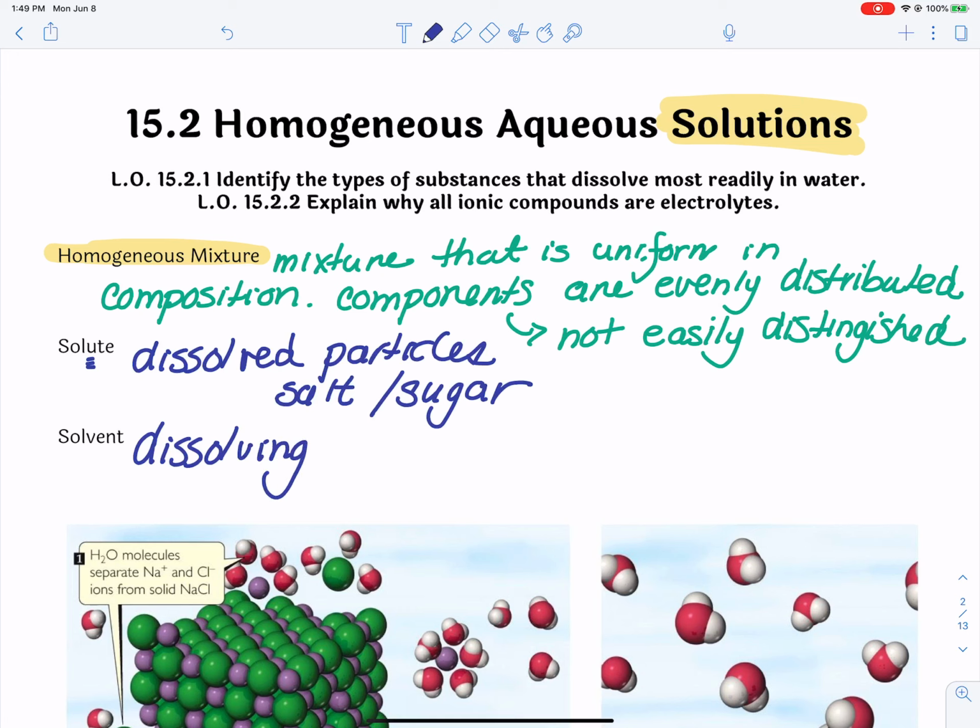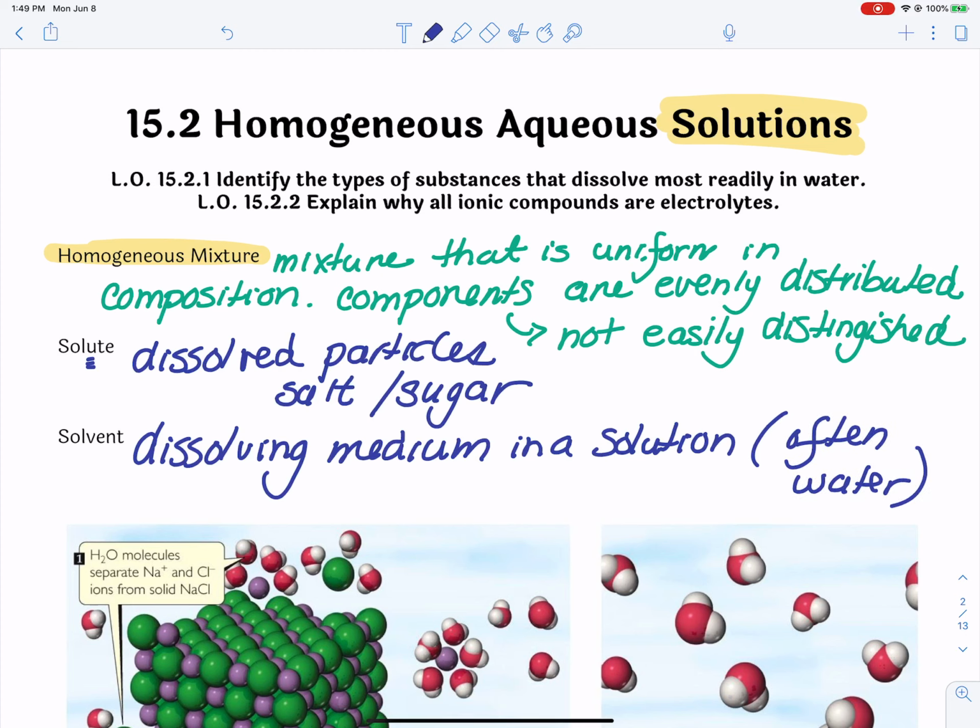What is it dissolved in? It's not always water, but it's often water. And in sugar water or salt water examples, it's the water, the solvent. So remember, the solute is what you dissolve. I dissolve sugar in water.